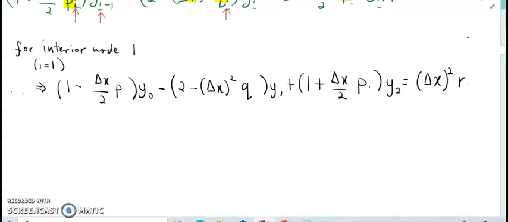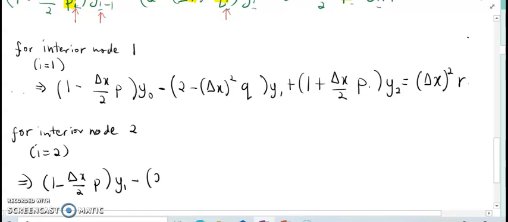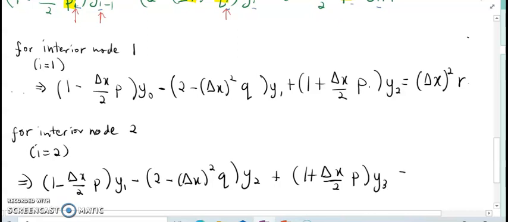Then for interior node number 2, where the i value now equals 2, our equation is 1 minus delta x over 2 p times y1, minus 2 minus delta x square q times y2, plus 1 plus delta x over 2 p times y3, equals delta x square times r.